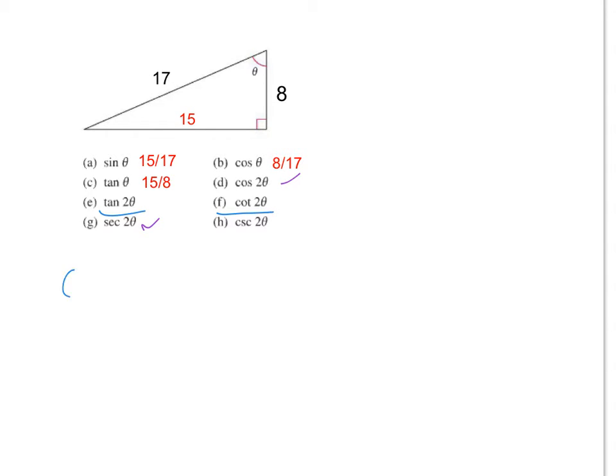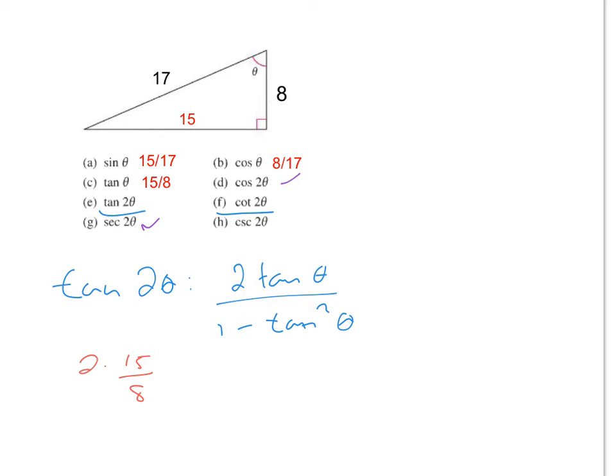Okay, and I know that tan of 2 theta is equal to 2 tan theta over 1 minus tan squared theta. So this, of course, equals 2 times 15 over 8 over 1 minus tan squared, so that's 15 over 8 squared.